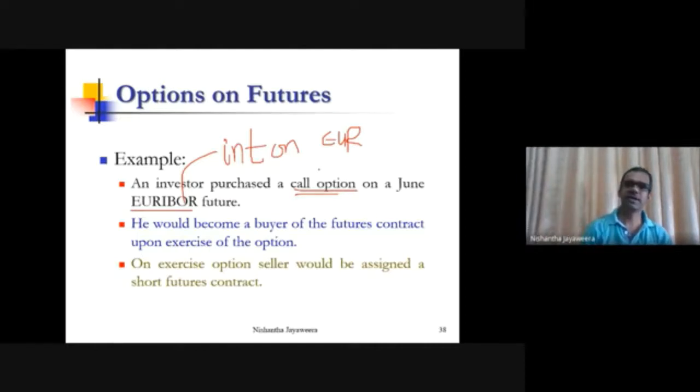So on the expiry date, he will check the strike price and the futures price. If the futures price is higher than the strike price, he will execute his right and buy the futures contract on Euribor to be matured in June.